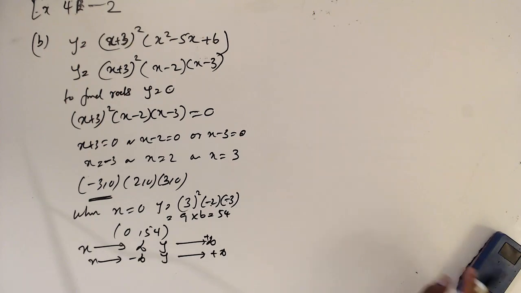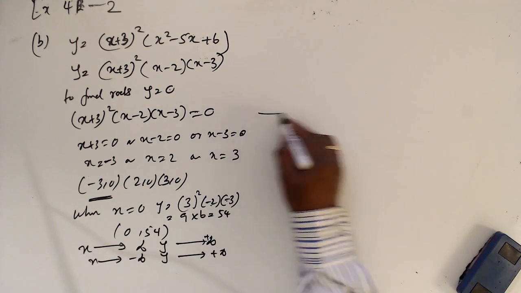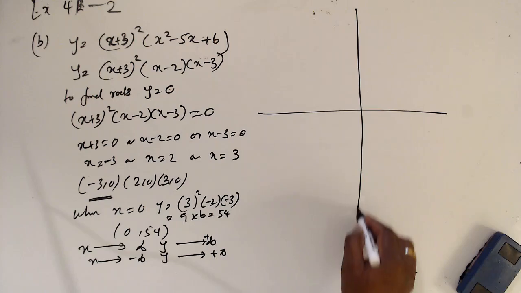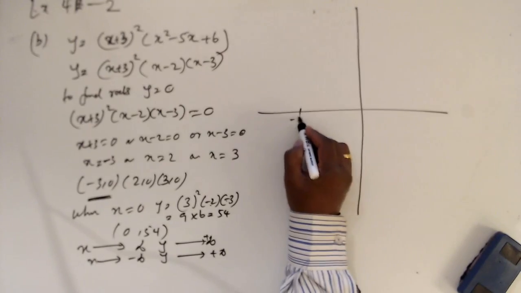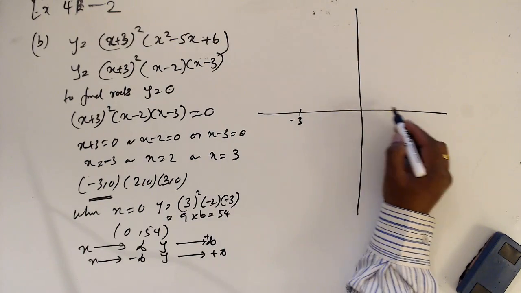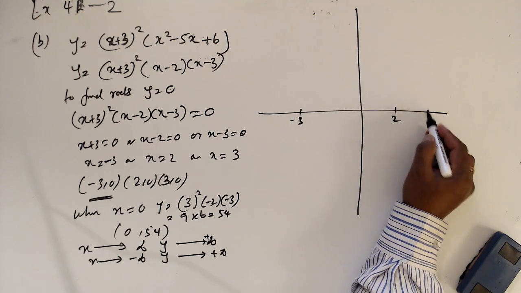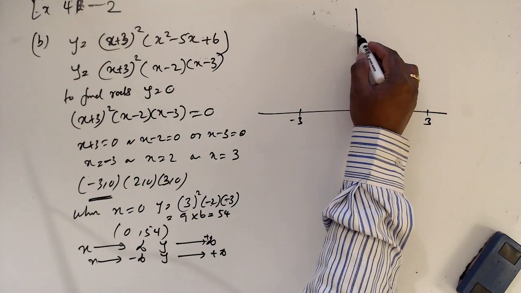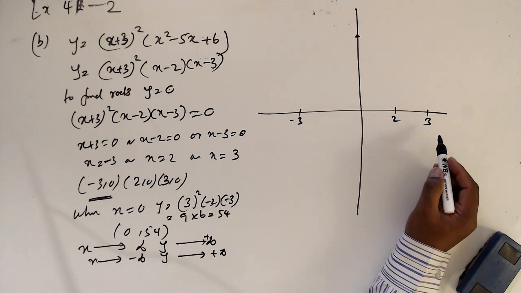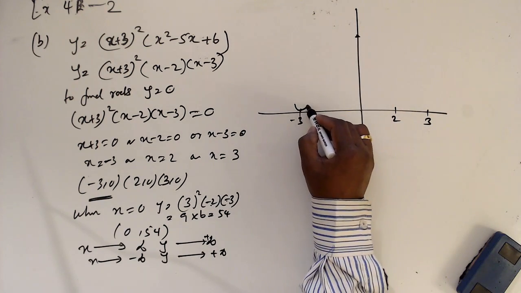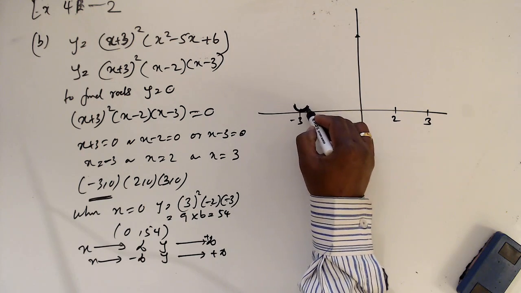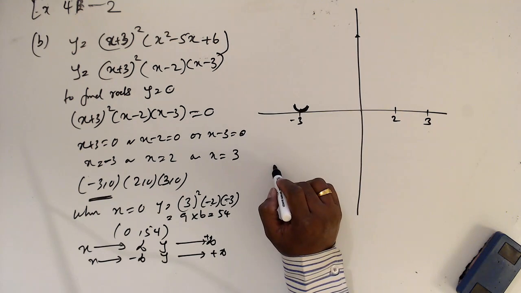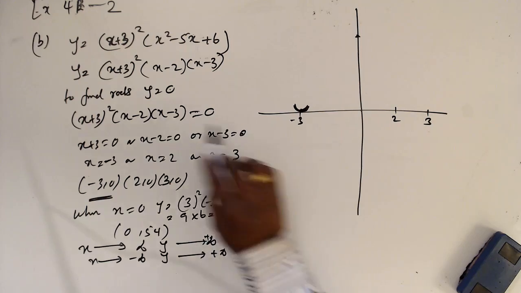Now we'll draw the graph. Now (-3, 0), (2, 0) and (3, 0), and the graph goes through 54 somewhere here, and this is going to be a curve touching at -3 because of the repeated root.